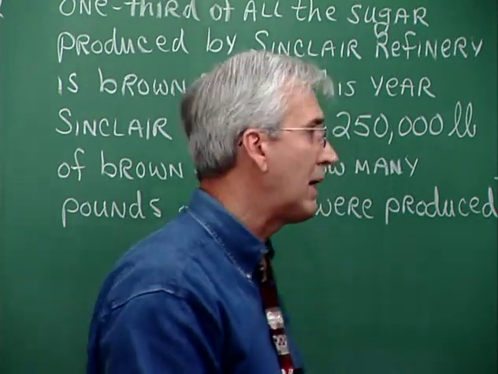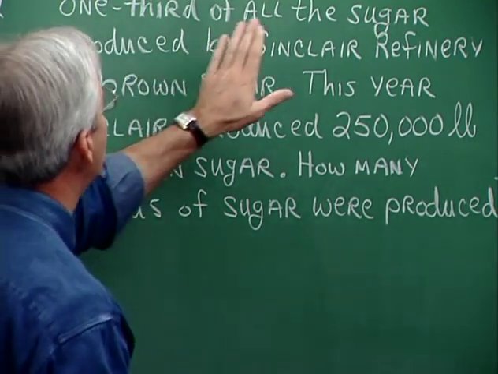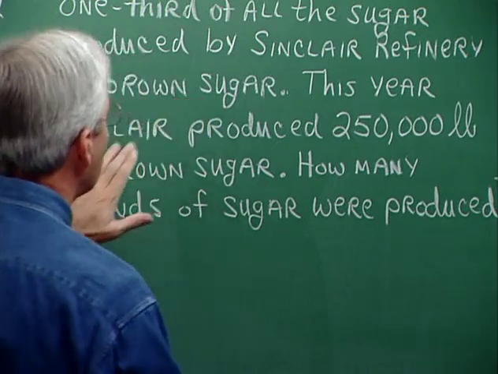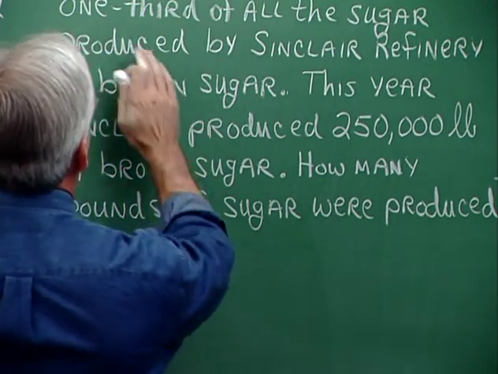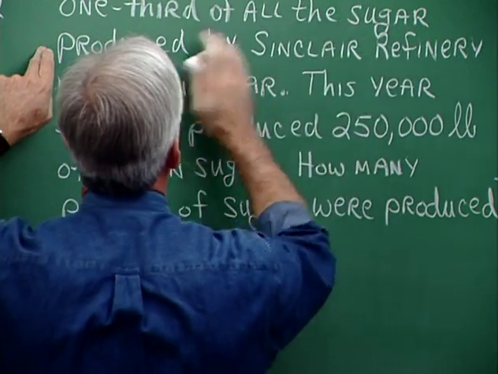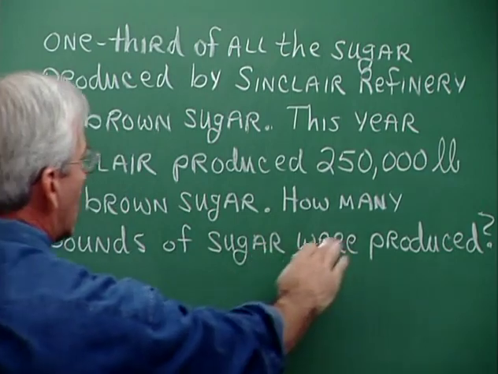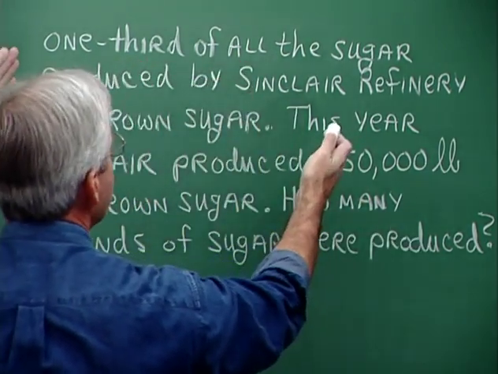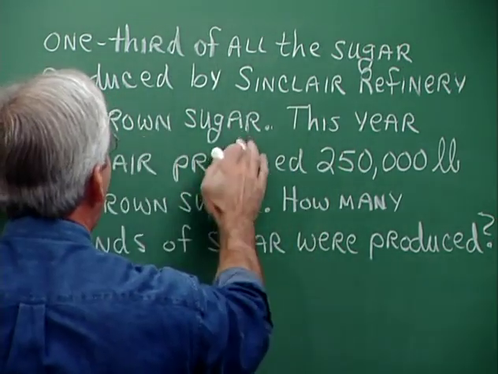Now, here's what we know about this problem, just by the way that we read it. It says that 1/3 of all the sugar produced is brown sugar. We can just about take that. 1/3 of means times of all the sugar produced. And we're looking for all the sugar produced. So 1/3 of some unknown quantity is equal to the amount of brown sugar.